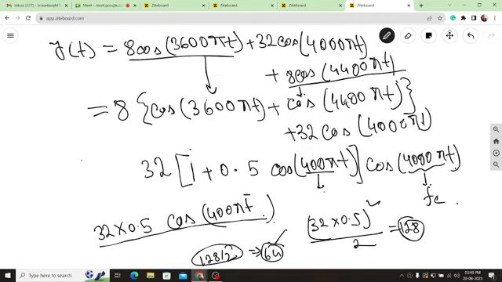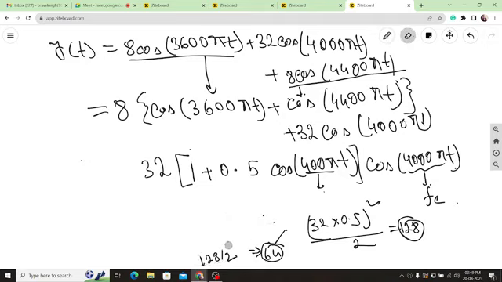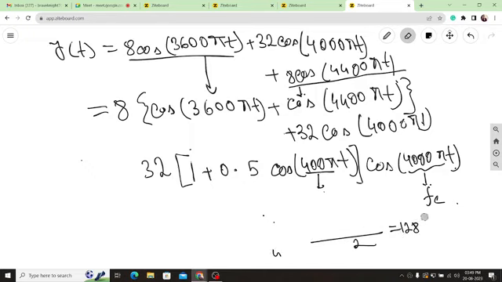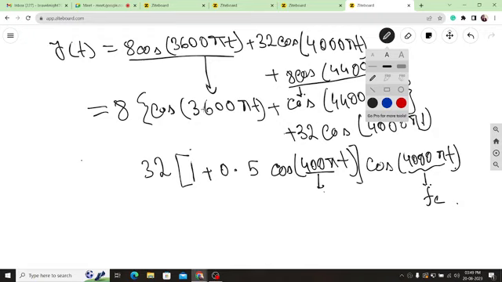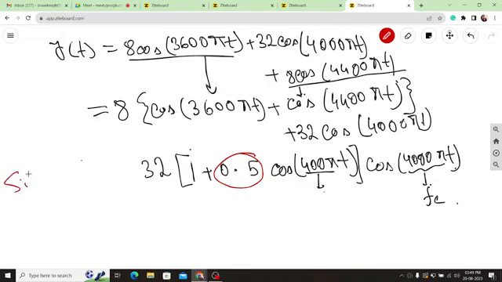So we know the sideband power, right? From this sideband power, we have obtained 64.